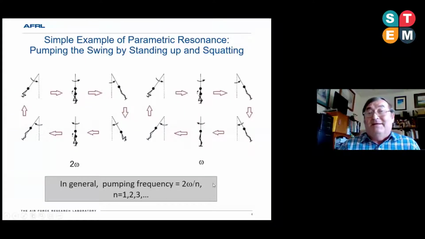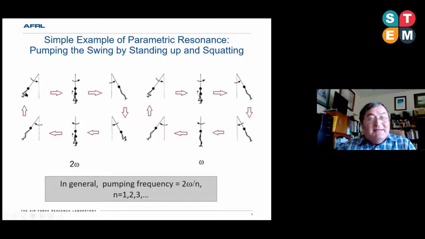Let's consider the simplest system which exhibits parametric resonance. Everybody knows it from childhood. It's a simple example of parametric resonance, pumping a swing by standing and squatting.